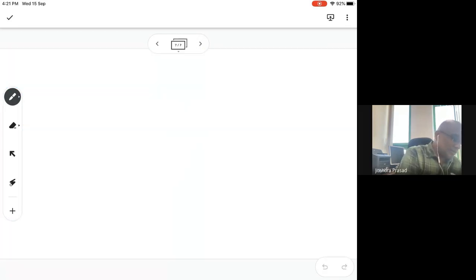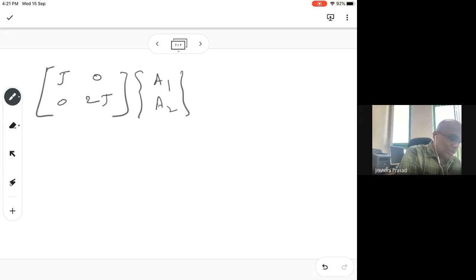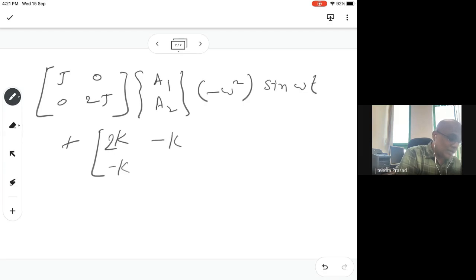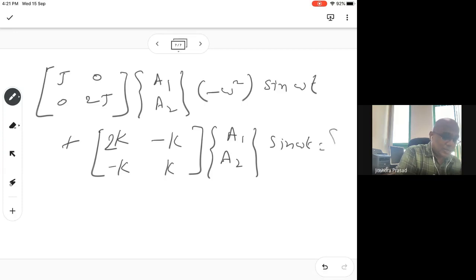Okay, so we get J 0 0 2J, then we have A1 A2, then minus omega square sine omega t, plus K 2K minus K, K, A1 A2 sine omega t is equal to 0 0.